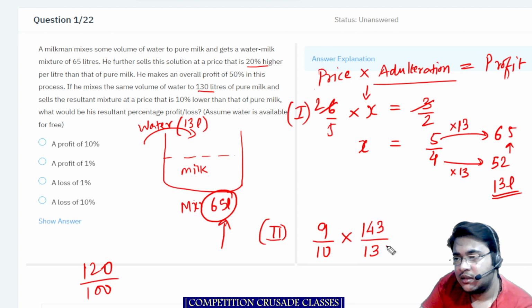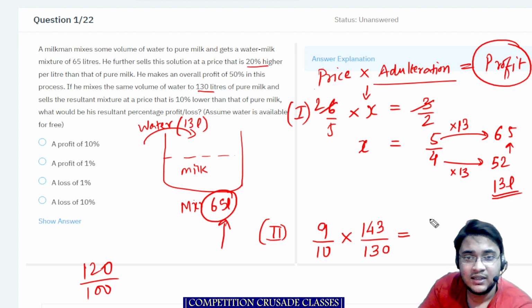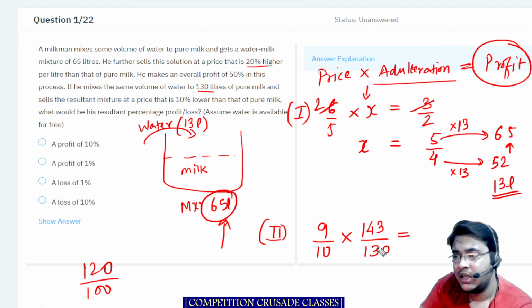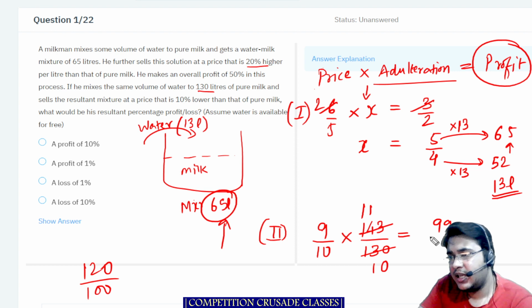It was 130 liters only. And they're asking you the profit percentage or the loss percentage, which these two values will give me. Now I can very clearly see that 143 is a multiple of 13. So 13 elevens are 143 and 13 tens are 130. So this is 99 by 100.